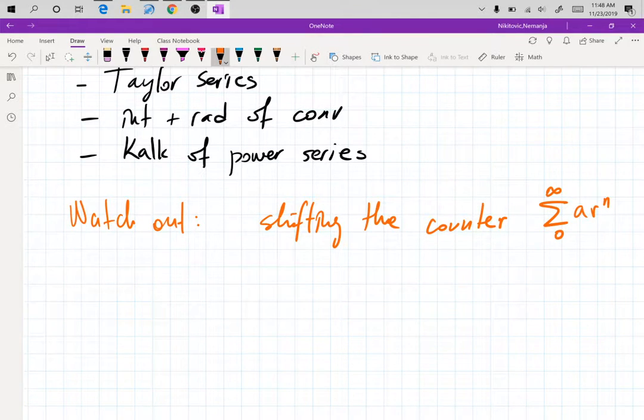If you don't have a 0 under the thing, you guys are not going to have a correct sum. So make sure you know shifting the counter so you can deal with that. That's number 1. Number 2 is the power series centered.